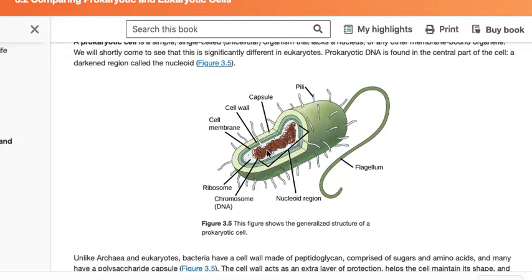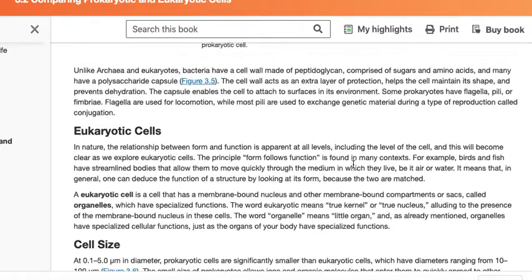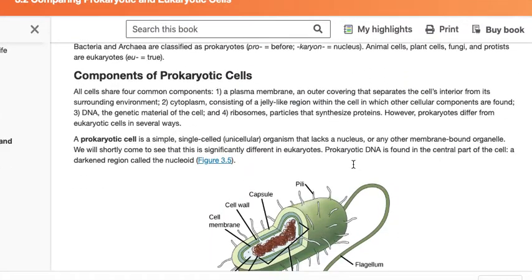So because there's no compartments inside of it, prokaryotes are very complex metabolically. Okay, so I don't know if I said this, but this word prokaryote actually means before a nucleus.